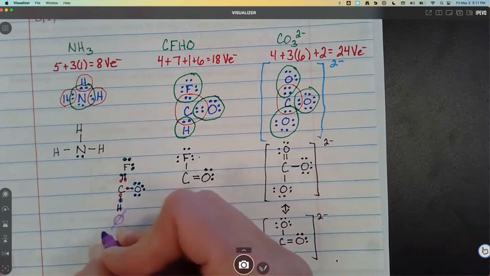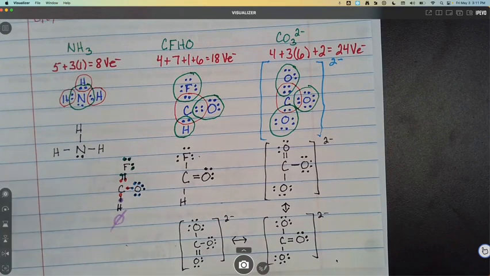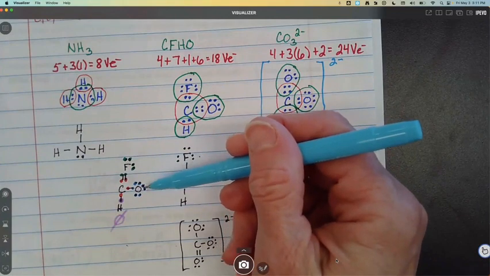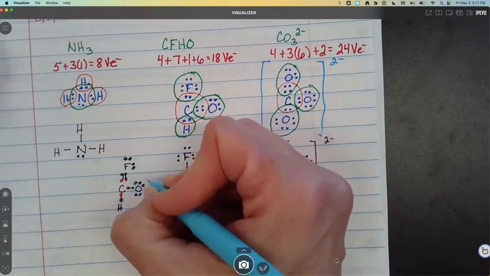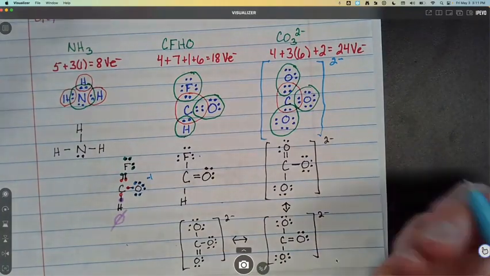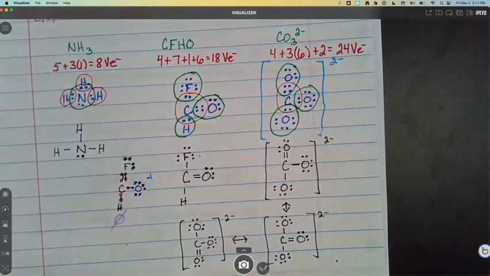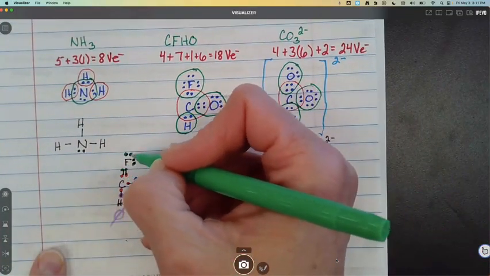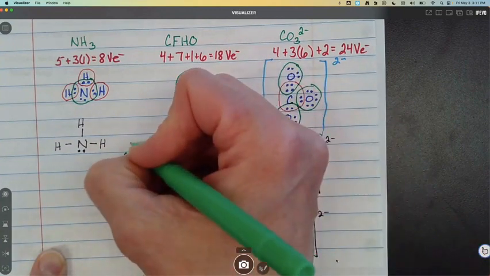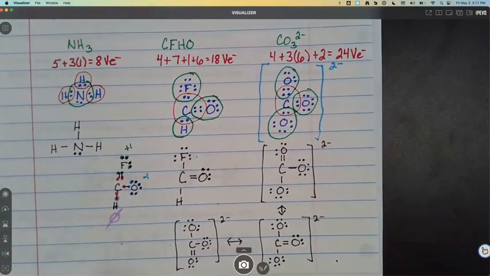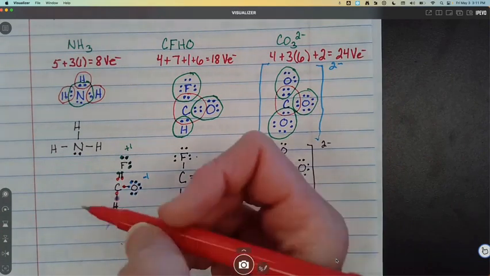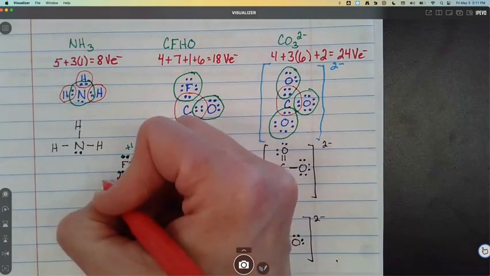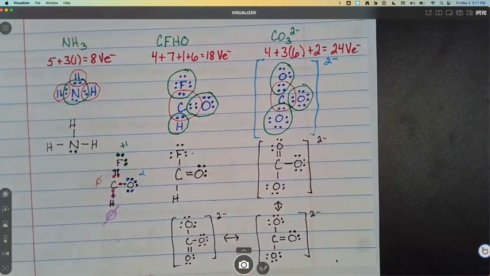It does have one valence electron. It has no formal charge. Oxygen should have 6 valence electrons. 1, 2, 3, 4, 5, 6, 7. It has a spare -1. Fluorine should have 7 valence electrons. 1, 2, 3, 4, 5, 6. It only has 6. It's 1 electron short. So it has a formal charge of +1. And carbon should have 4 valence electrons. 1, 2, 3, 4.